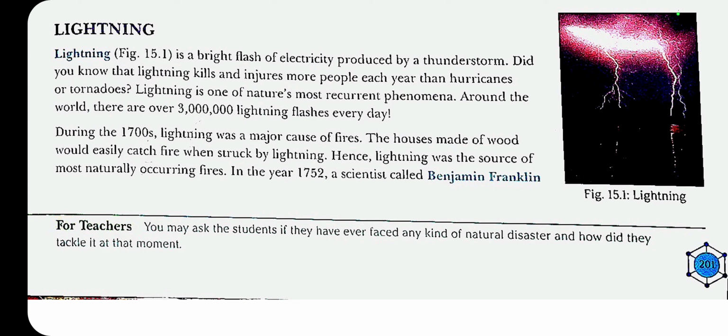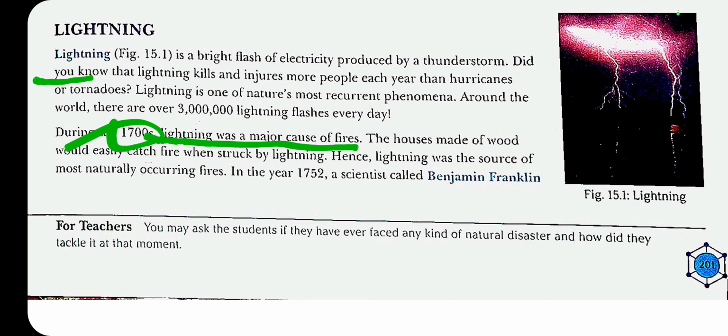So every time you blink, lightning flashes 35 times, but we are not sure, it's just an approximate average. So because of lightning's frequency, many people die and get injured due to lightning, and this is the reason lightning was a major cause of fires during the 1700s. Why? We'll know.